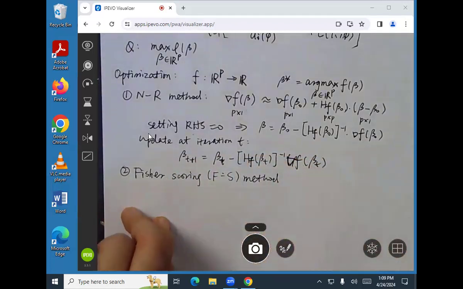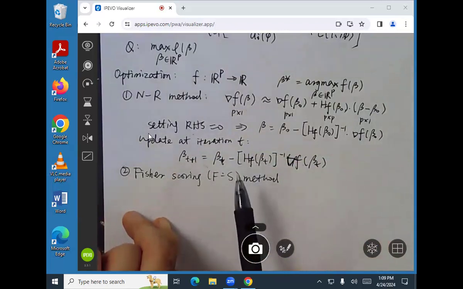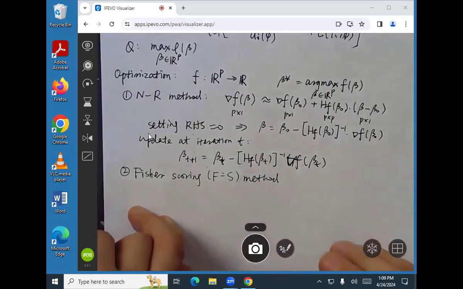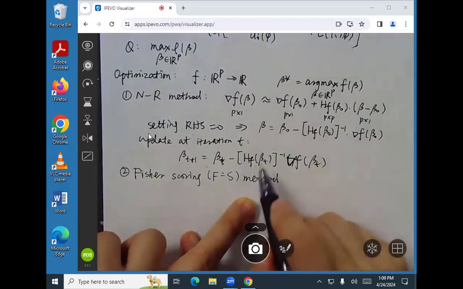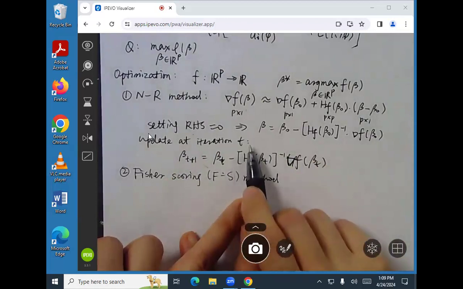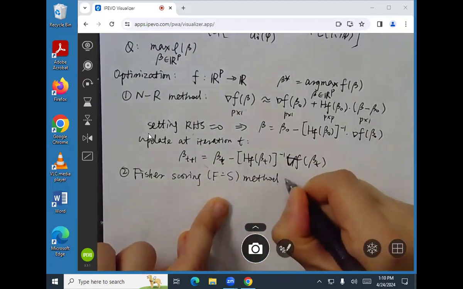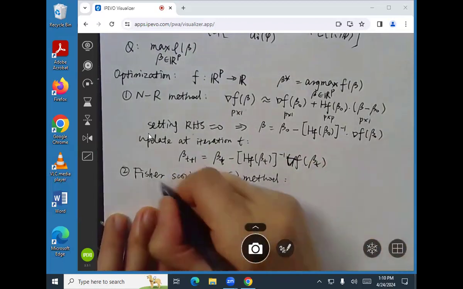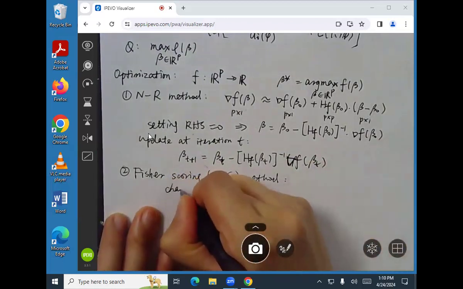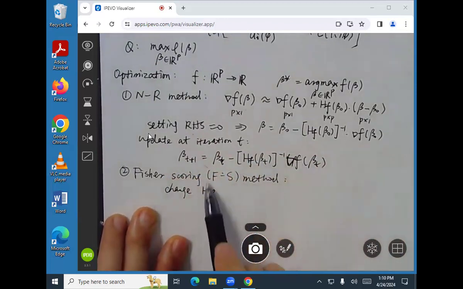What we did is that we actually used the fact that F is the log likelihood. That's the key thing here. So therefore, we would replace this Hessian by the expected Hessian. So basically what's changed is the Hessian matrix of our log likelihood.